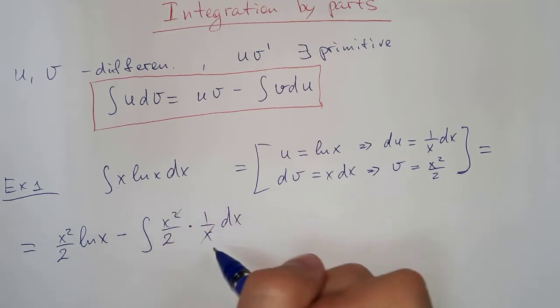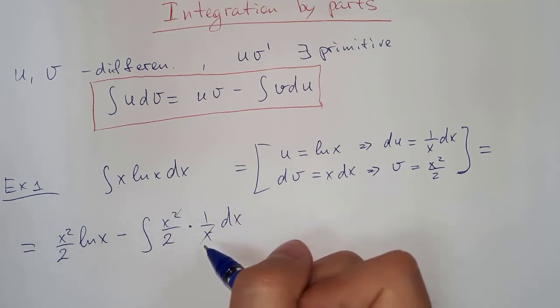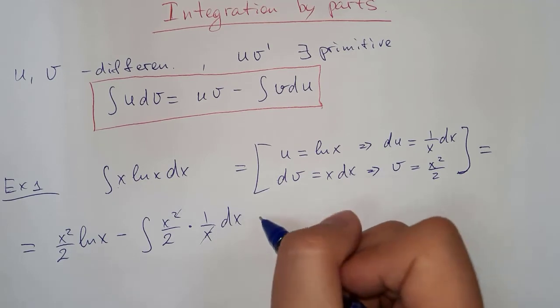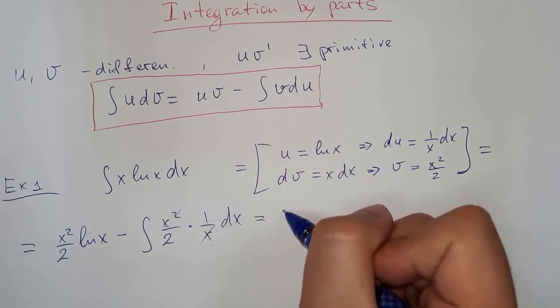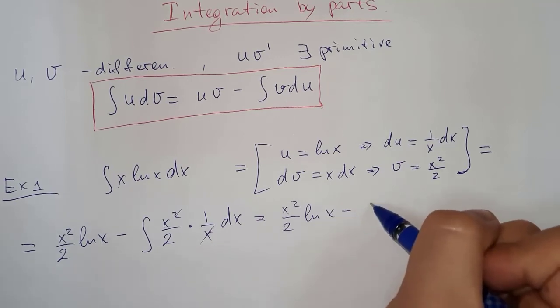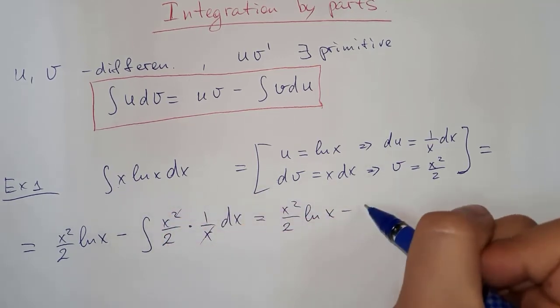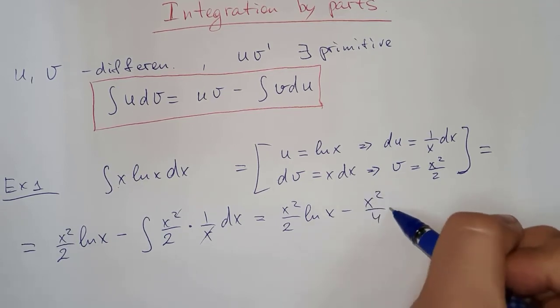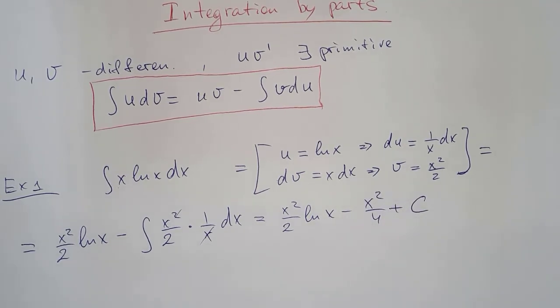So they cancel, and we have x over 2. So if we continue, it will be x squared over 2 natural logarithm of x minus the integral of x over 2, which is x squared over 4, plus c. This is the final answer.